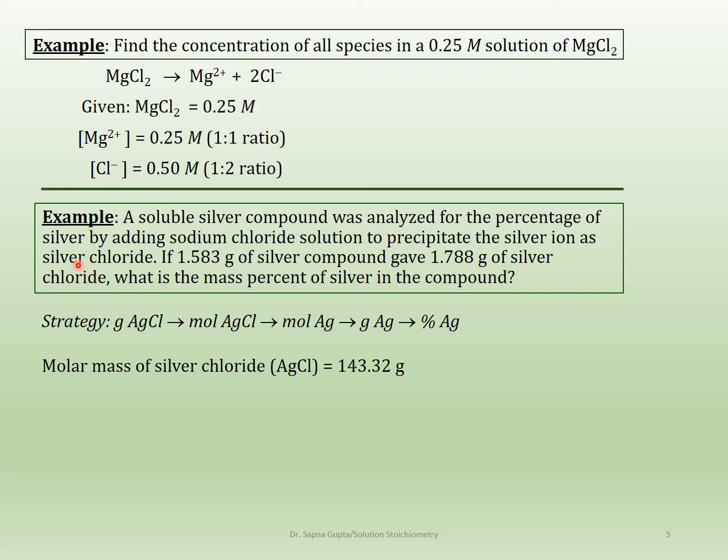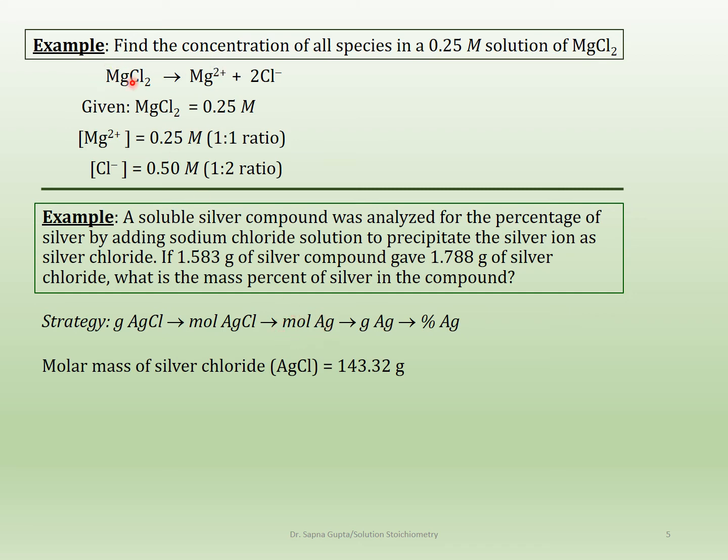So once you start with that, then you work your way to figure out the mass percent of the silver in the compound, okay? So our strategy is going to be that we take the 1.788 grams of silver chloride, convert it into moles. Remember, in stoichiometry, everything is moles. So you convert that into moles, and in 1 mole of silver chloride, how many moles of silver do you have?